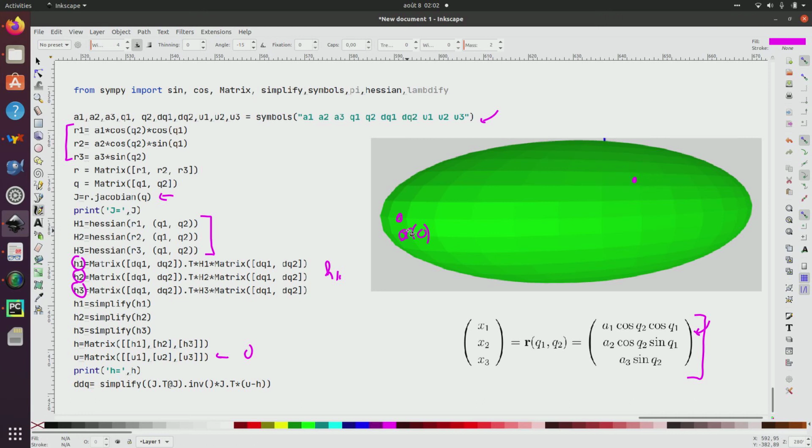So q of 0, or x0, and I want to reach q of 10, so x of 10, which corresponds to r of q of 10, where q of 0 is equal to 0, 0, so it means that I am near to here, and q of 10 is equal to 2, 1.